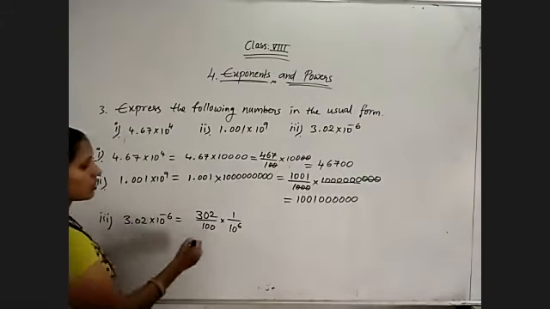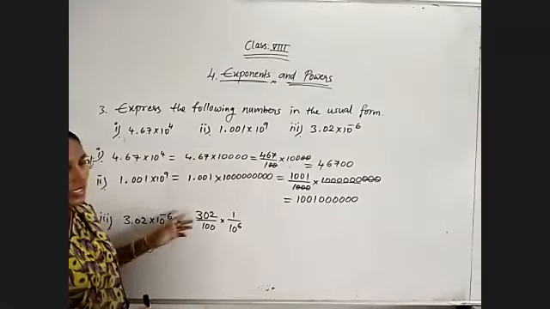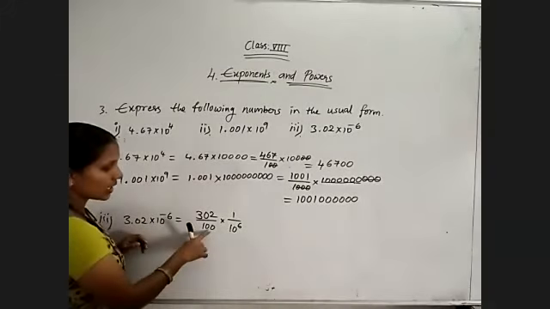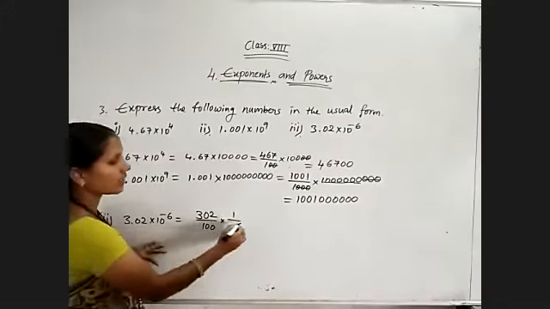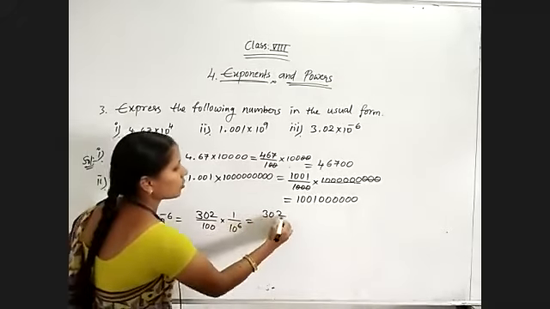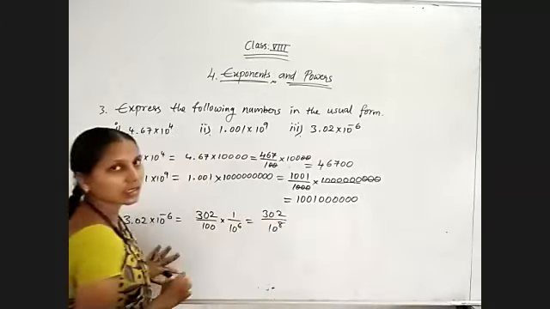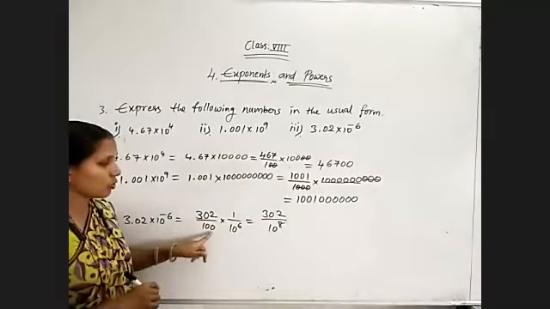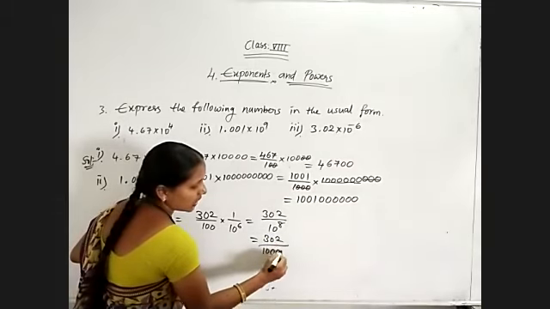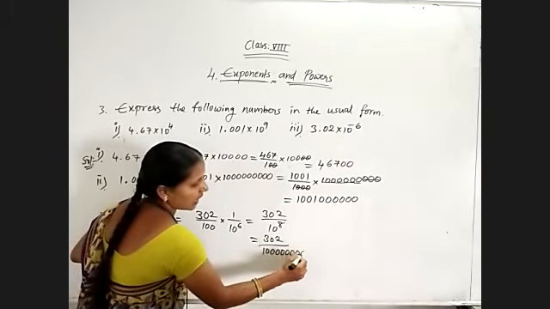No. 10 power minus 6, bring down. Totally here 2 plus 6, 10 power 8 we have. That is 302 by 10 power 8. 2 plus 6 is equal to 8. So 302 by 10 power 8 means 1, 2, 3, 4, 5, 6, 7, 8.